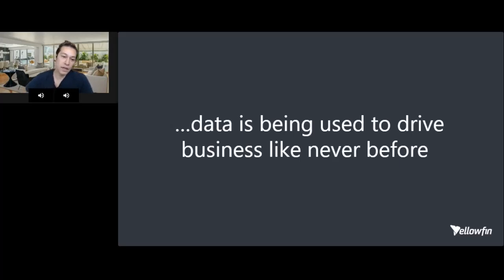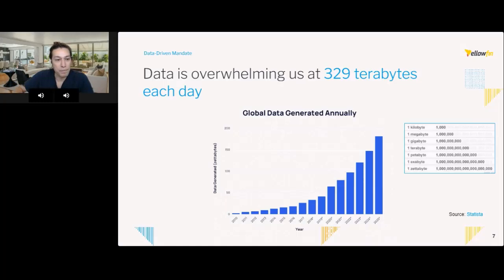So that's to say data is being used across multiple functions of the business, not just one function. And there's a ton of data. This is a very interesting graph here, but data is growing every day. If you look at this graph, by 2025, it's forecasted that there will be almost 200 zettabytes of data generated annually.